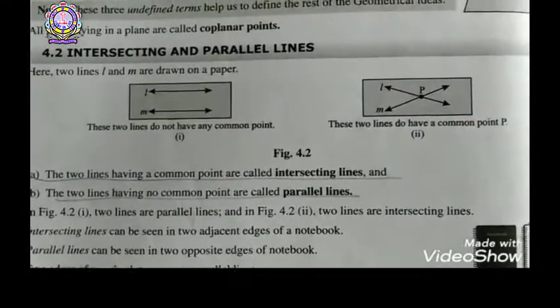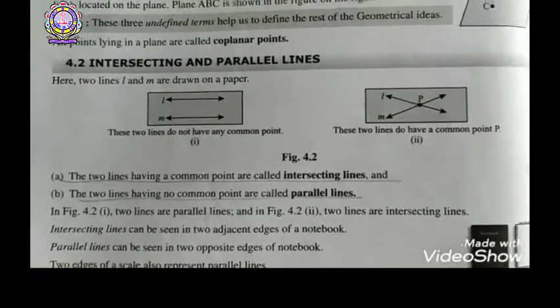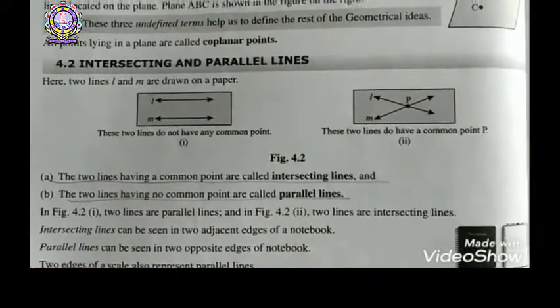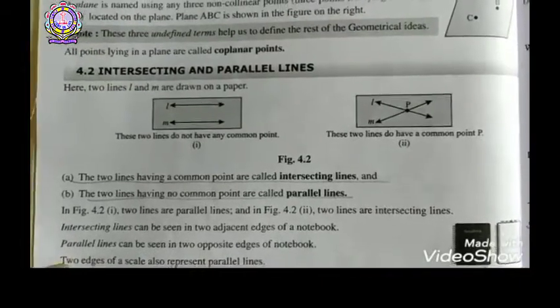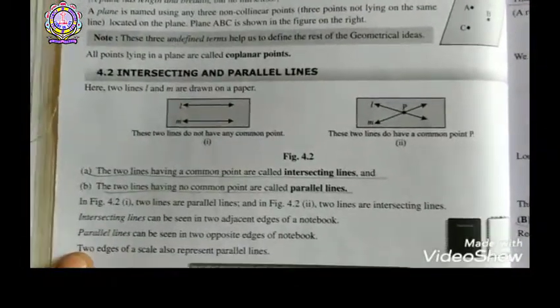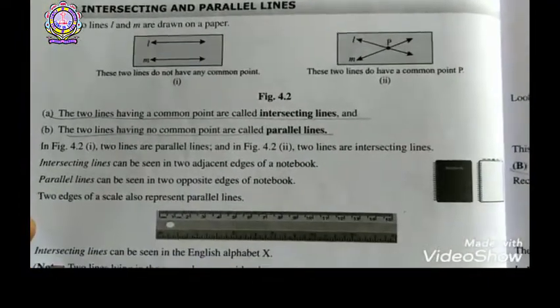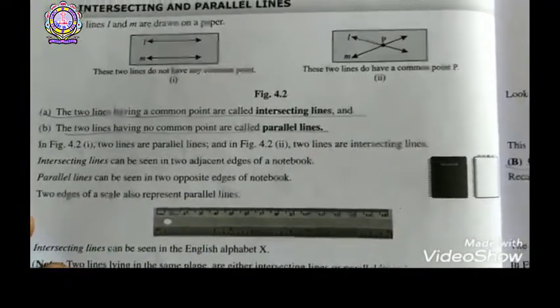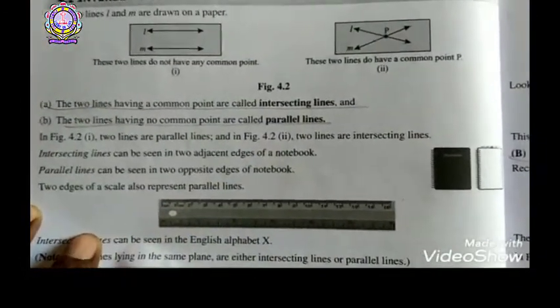Two lines having a common point are called intersecting lines. Two lines having no common point are called parallel lines. So in our daily life, you observe two edges of the scale are parallel lines.